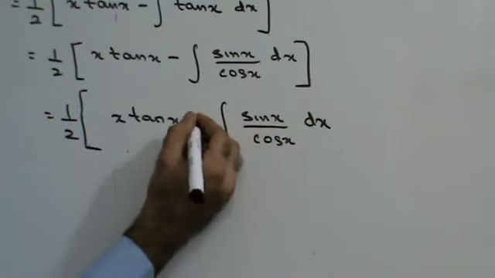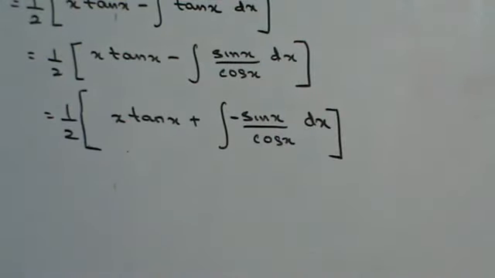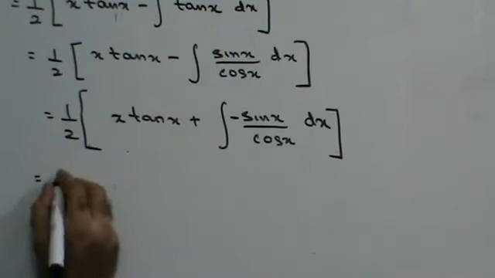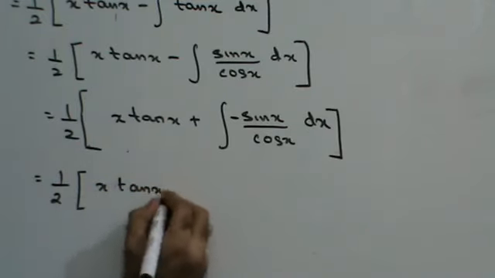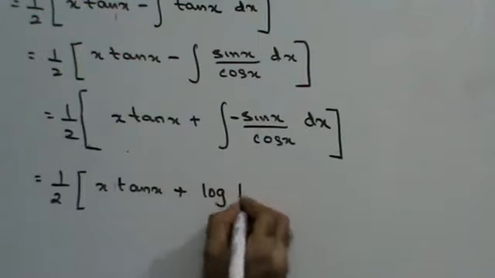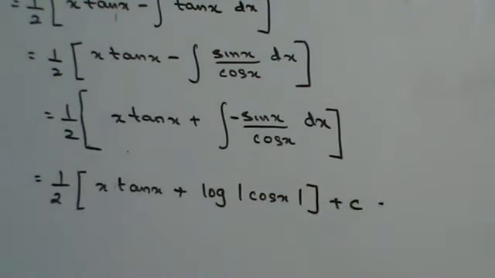Take the minus sign inside, so this becomes plus, this becomes minus. Now the term in the numerator is the derivative of the term in the denominator. So this is going to be x tan x plus log mod cos x plus c, and that is our answer.